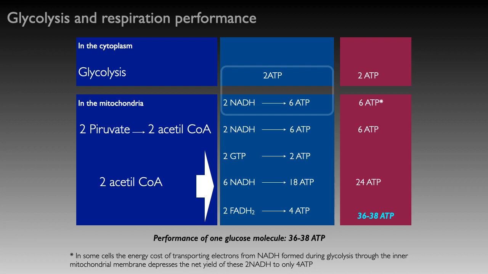Depending on the cell type, the final result may be 36 or 38 ATPs, because some ATPs are sometimes spent in a step to transport the two NADHs of glycolysis into the matrix.